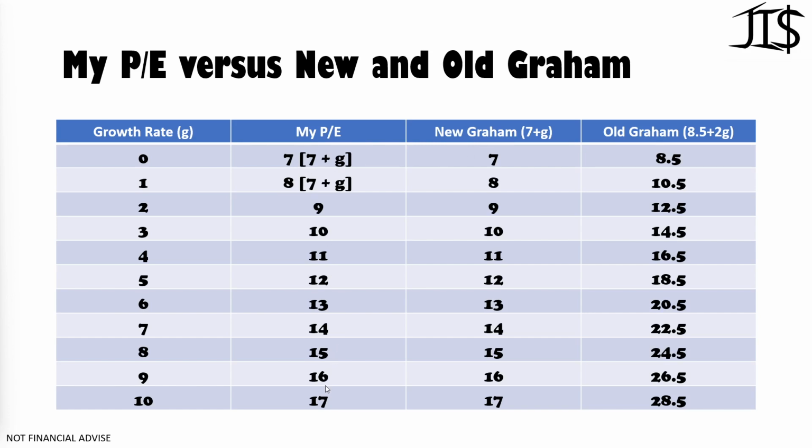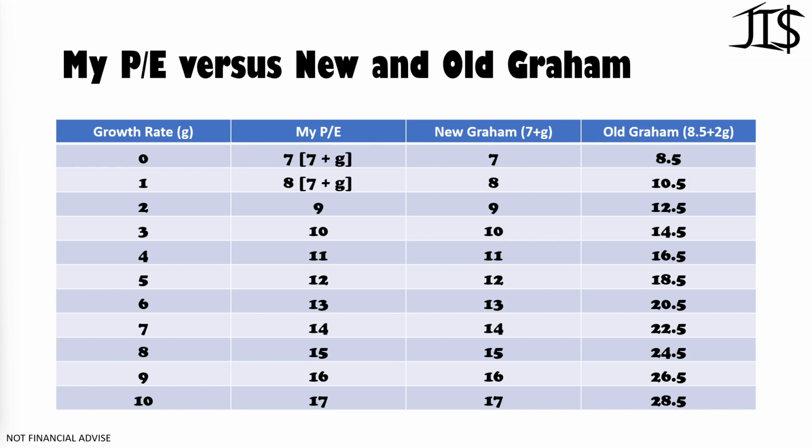So 7 up to 17 with 7 plus G. I think that's more correct for the lower growth rate numbers because it's already calculated with a margin of safety in it. So yeah, I always did it this way since I'm 15 years old, so that's not going to change quite fast.